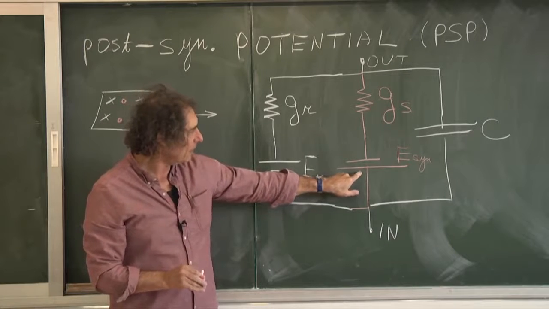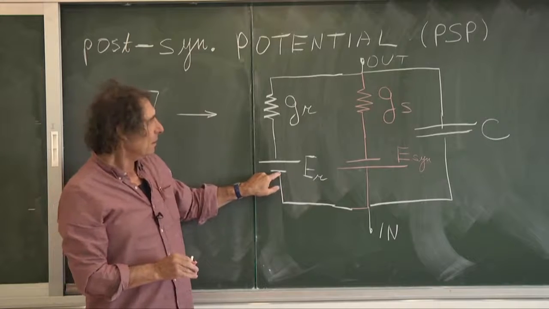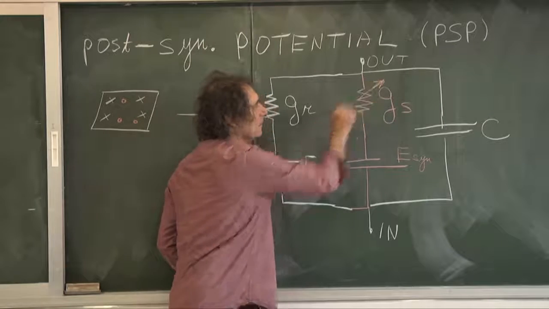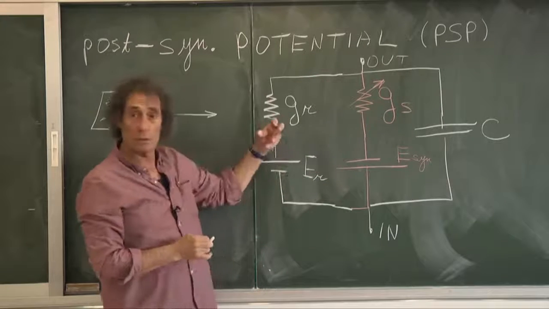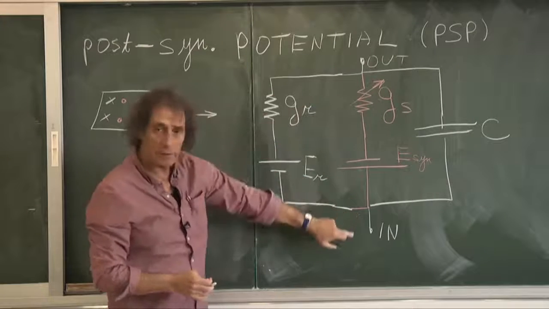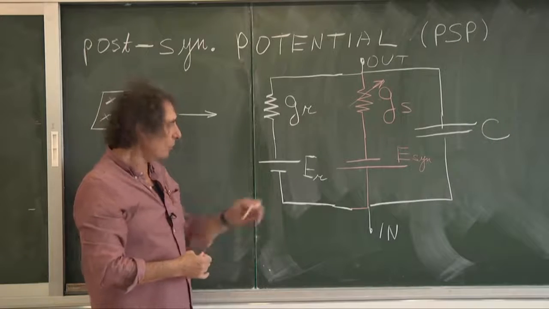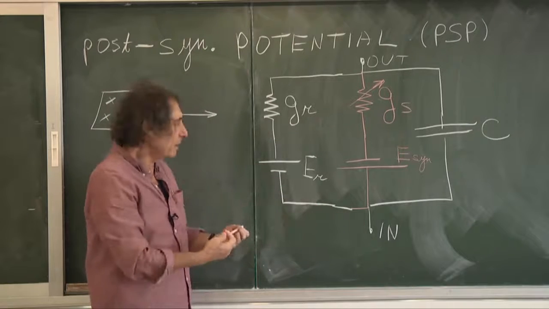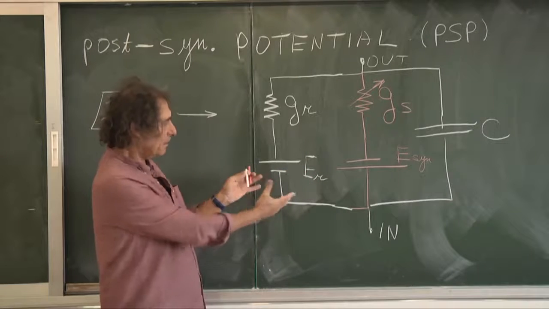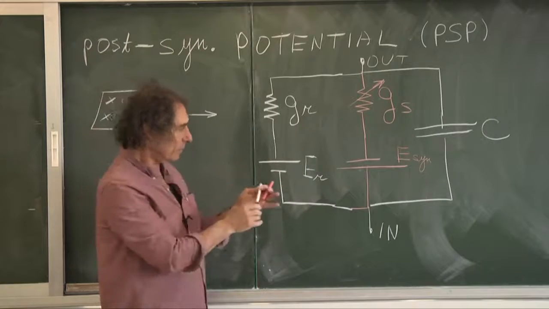For example, this battery is more positive inside than the resting battery. Then you can expect that if I open this conductance, because transmitter was interacting with the receptor and I opened this path, I would expect positive current to flow inside the cell, and the cell will become more positive than before. Why? Let's write now the equation that describes this circuit as we did before.